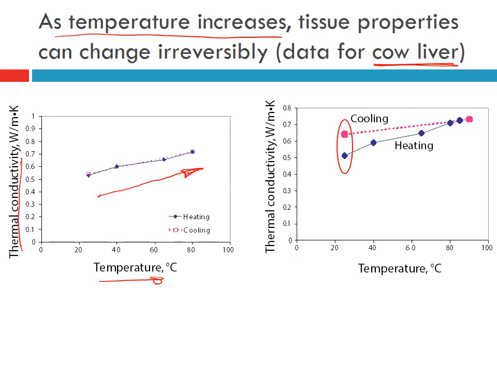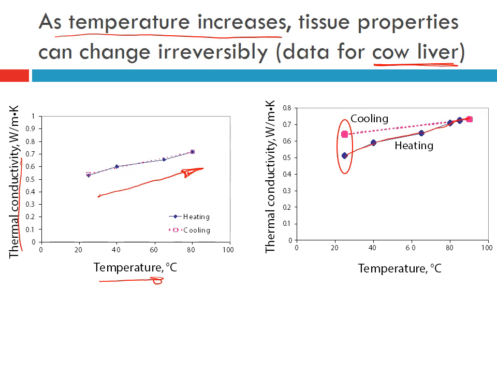The other point is to remember that it is a biomaterial. So suppose you heat beyond the point where the proteins are denatured, so you heat to much higher temperature. Then you have changed the material.